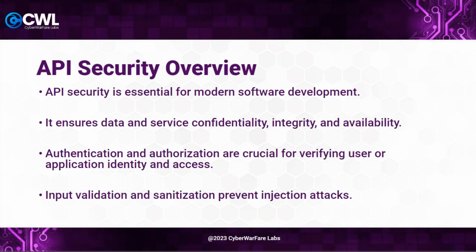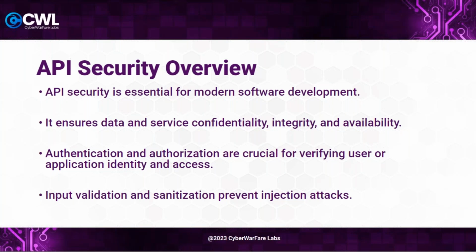Next point, authentication and authorization are crucial for verifying user or application identity and access. This means authentication validates the identity of users or applications interacting with an API, ensuring that only authorized entities gain access.